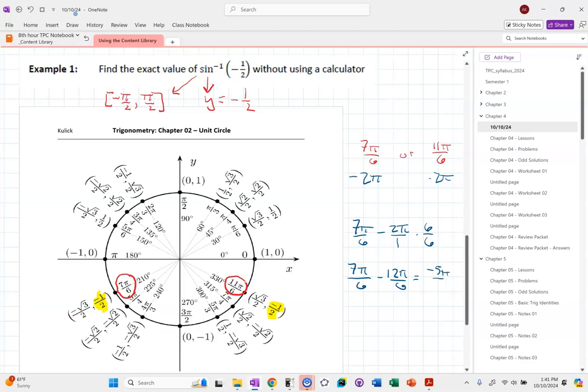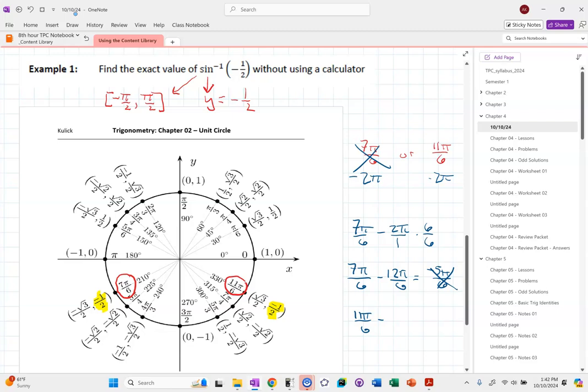And what's the denominator? 6. Everybody okay there? Okay, so now I'll ask myself, is -5 pi over 6 between -pi over 2 and +pi over 2? No, that's correct. Is it too big or too small? Too small. So this answer is out altogether. Not going to work. Let's do the other one.